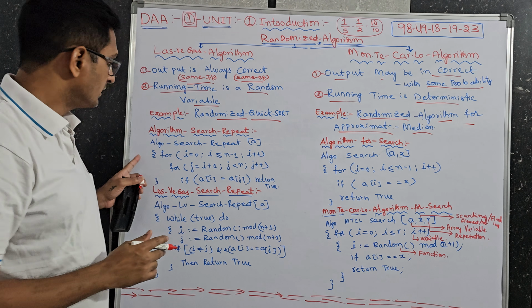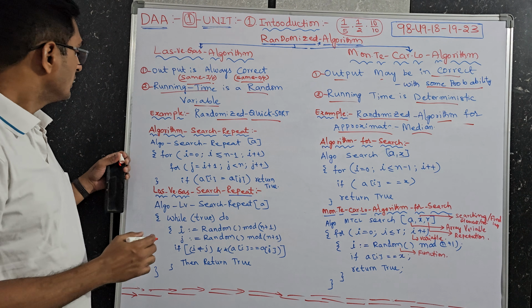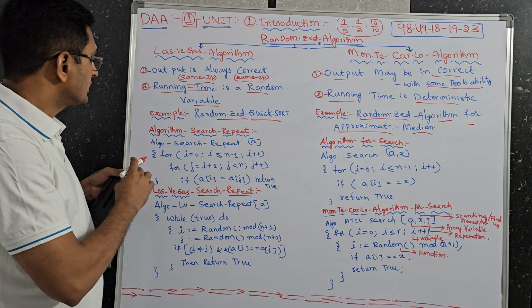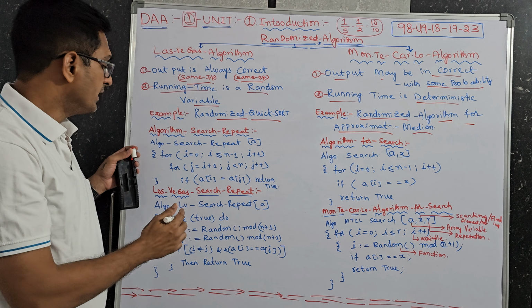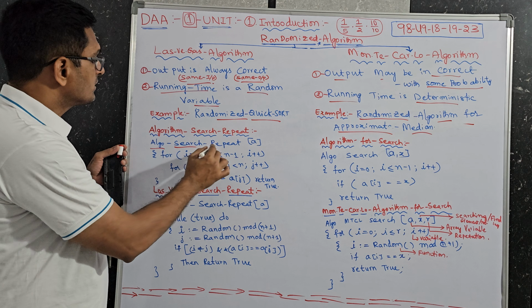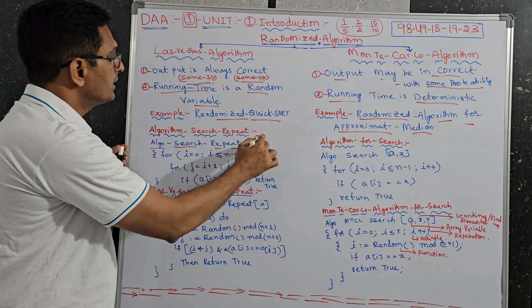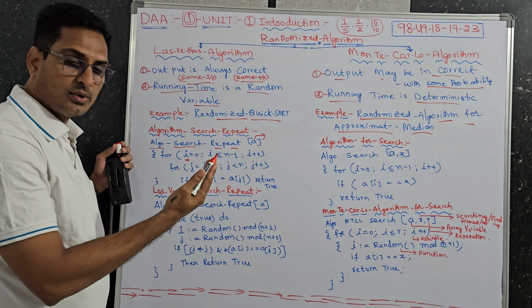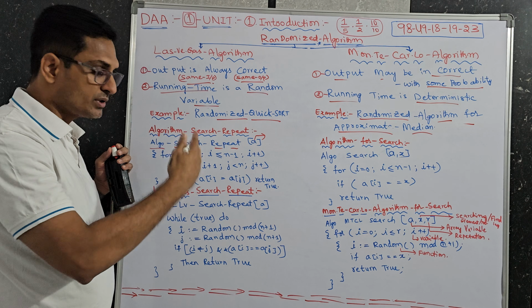Here are the general algorithms. The general algorithm for search repeat: if you want to find a repeated element, the algorithm is Search Repeat A, where A is the array variable name. For I is one more variable. We are checking from start to end.